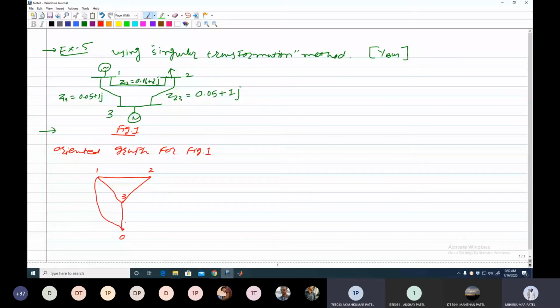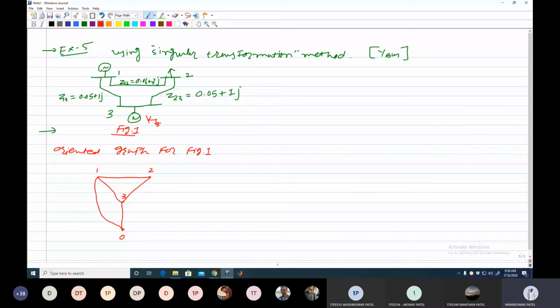Why? The generator is always connected with the ground terminal. You have solved many examples in fault analysis where you will find that the generator is always grounded, star connected, star grounded.